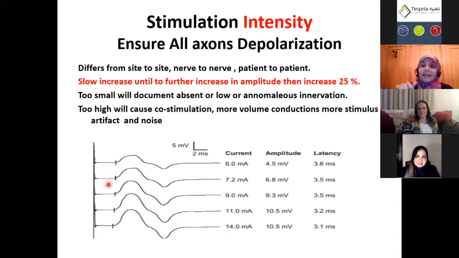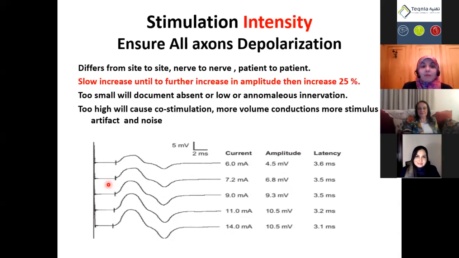So you slowly increase the intensity until you find that the amplitude is not increasing. You would then increase another extra 25%. If you reached 20, you can increase another 5, to 25 milliampere, to ensure that all the fibers are stimulated.